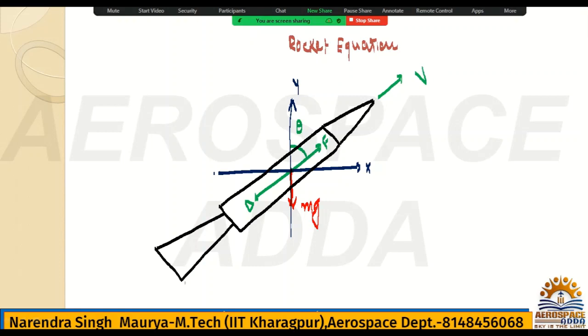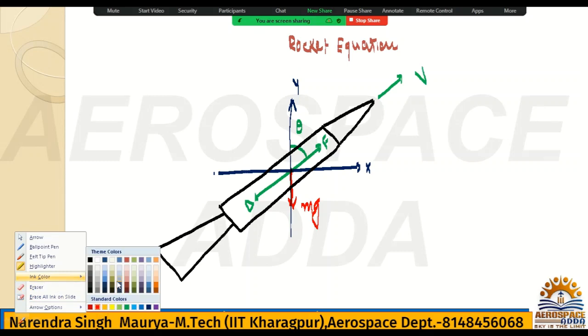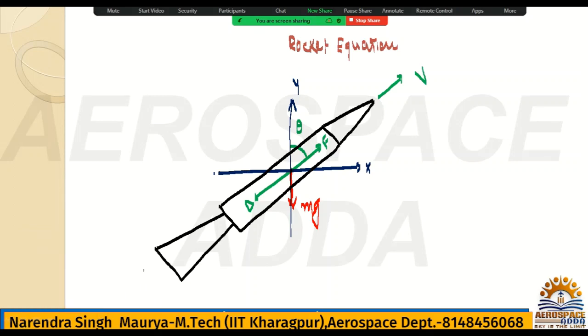Now this is the exit velocity, which is nothing but VE. And the mass flow of the propellant, or simply if I say m dot, is also okay. Done.